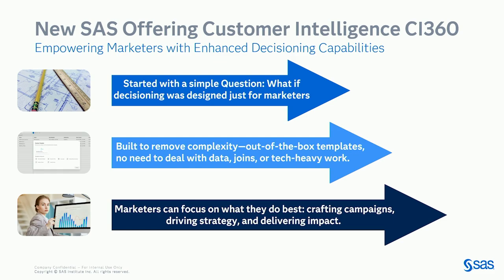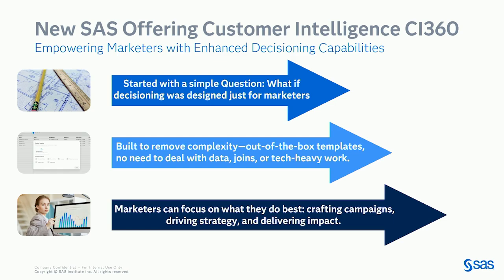A solution that offers out-of-the-box templates for common business use cases in the space of decisioning, taking away the complexity that currently exists when it comes to designing and deploying these solutions that are available in the market. The idea was to differentiate between a tech user versus a marketing user, where the marketing user need not worry about complex data joins, the data sources, the attributes, all technical jargon like contact history, response history, attributes.